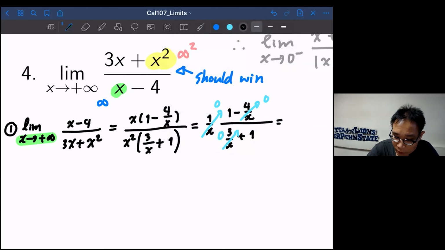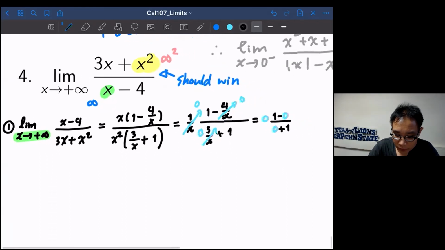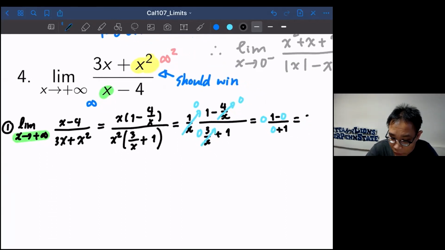So the black guy is 1 minus 0 over 0 plus 1. In this case, it will turn out to be equal to 0. So you have the limit as x goes to infinity of the reciprocal equal to 0.